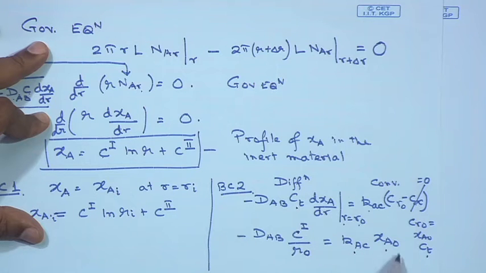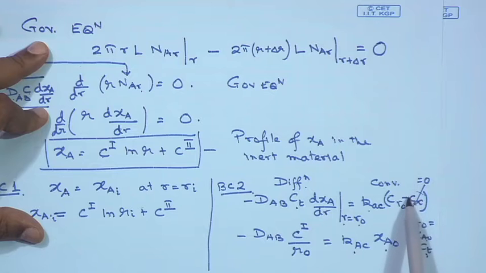So, this is one condition which is obtained by equating diffusion and convection and identifying C infinity, which is xA infinity multiplied by Ct, and xA infinity is 0. Therefore, this part is going to be 0.